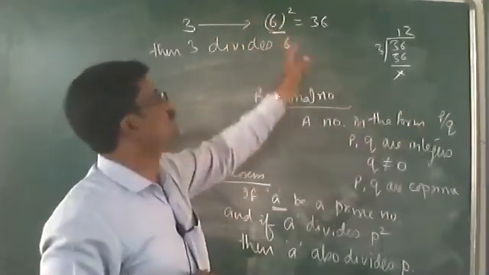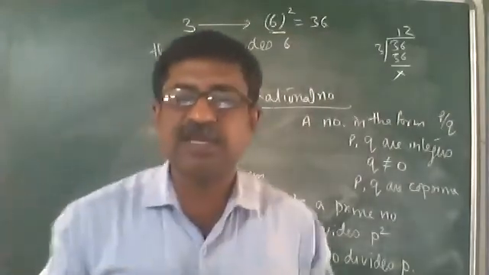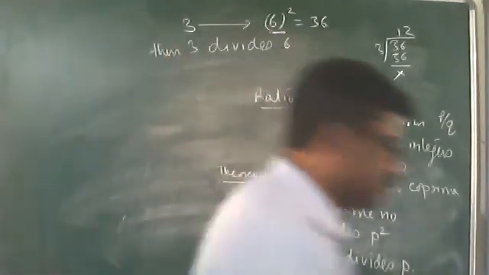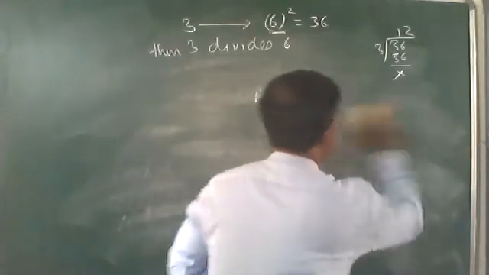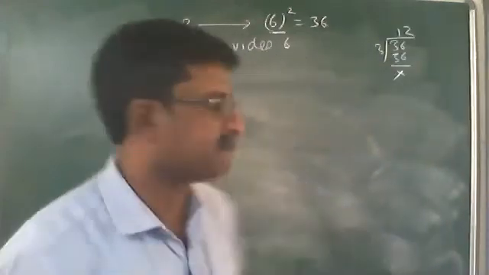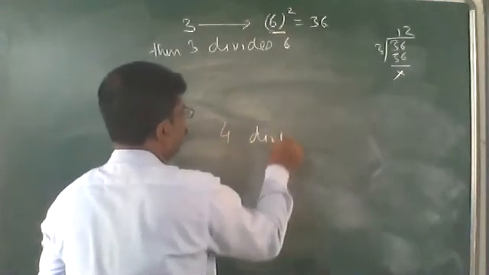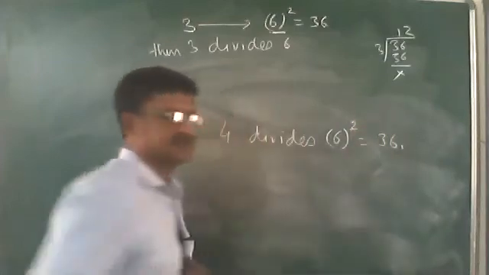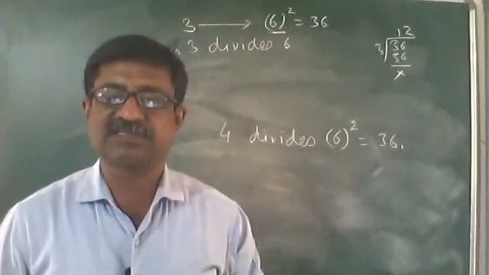But for this, 3 should be a prime number. If it is not a prime number, then this is not true. How can you say it is not true? Let us take an example. Suppose we take 4. 4 divides 36, which is the square of 6.